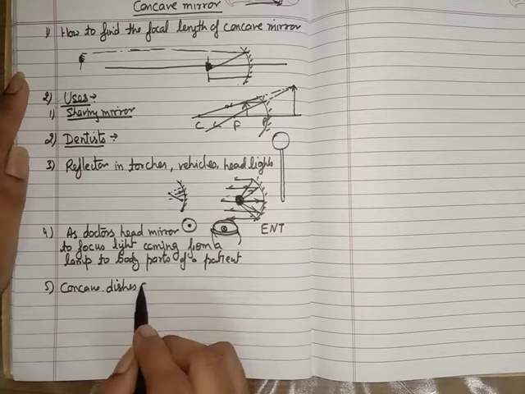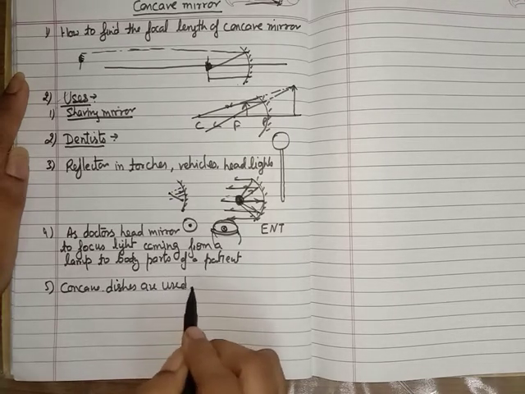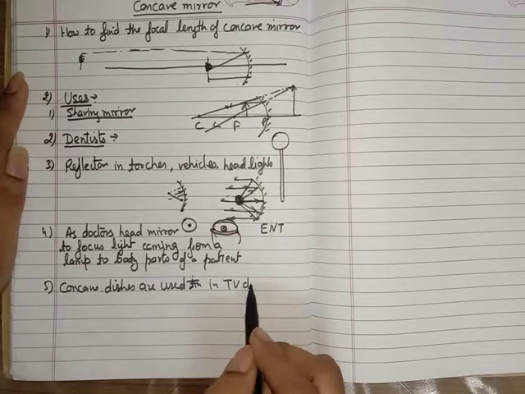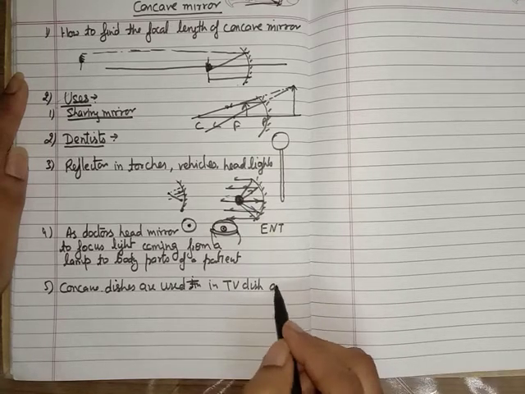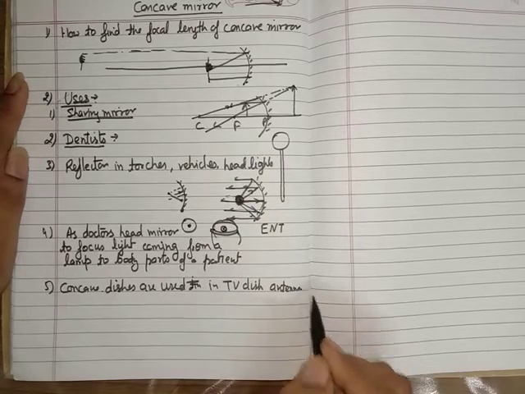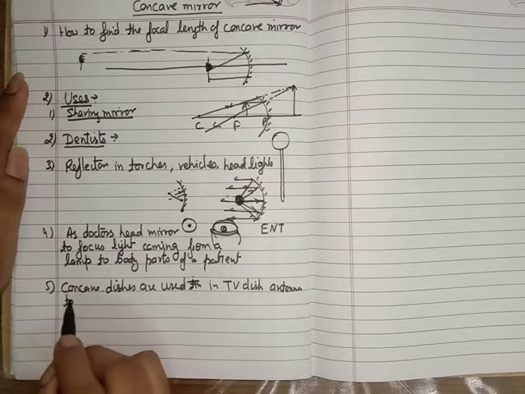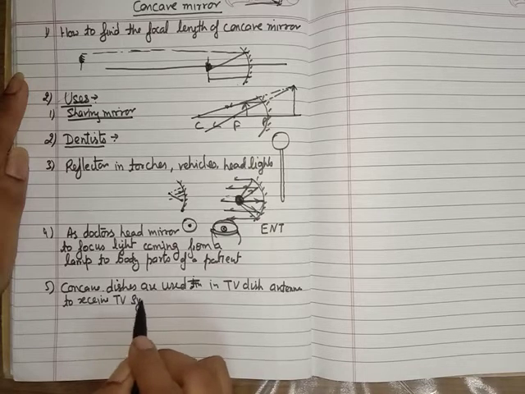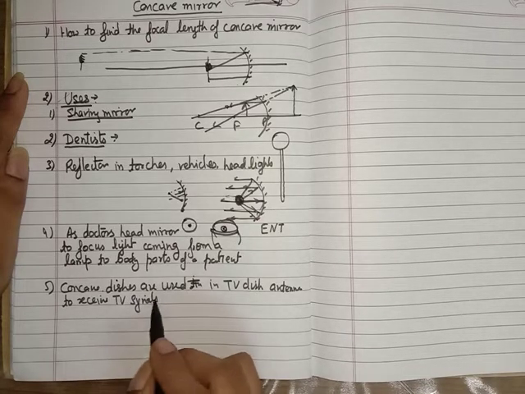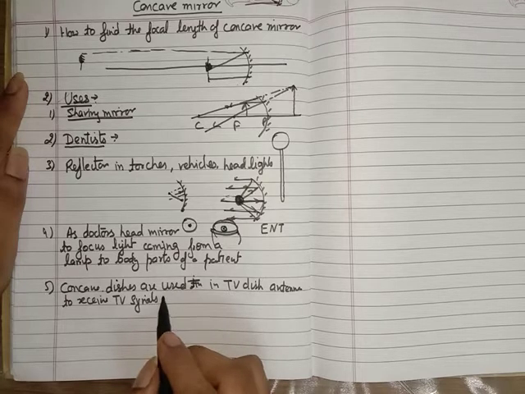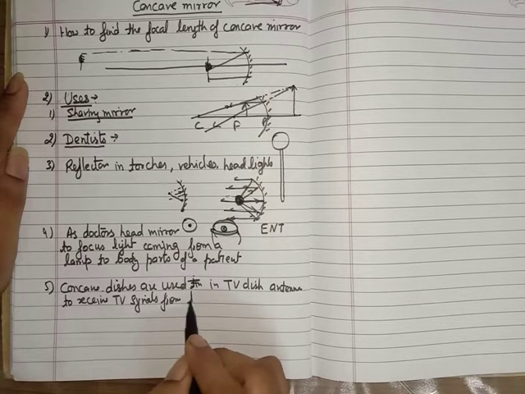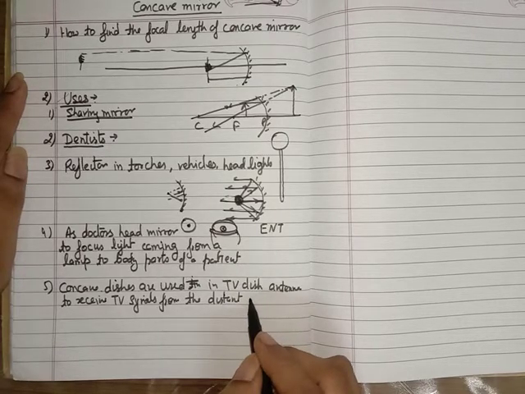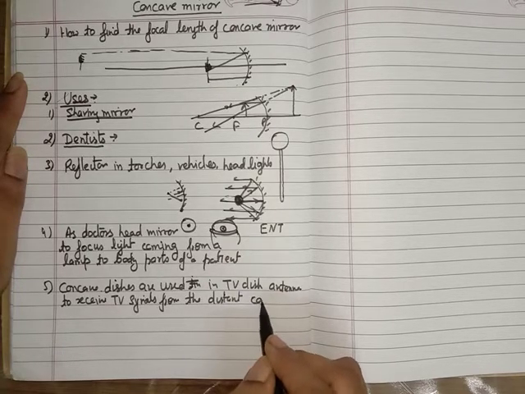Concave dishes are used in TV dish antennas to receive TV signals from a distant communication satellite.